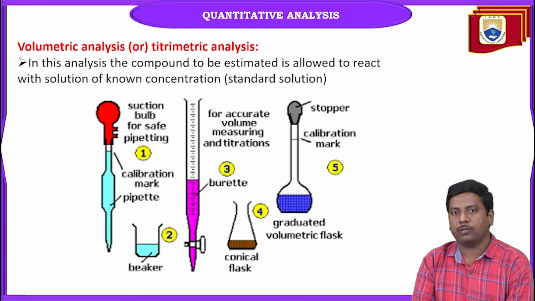The fourth one is the conical flask, which is applicable for titration, especially stirring. And the fifth one is the graduated flask or volumetric flask, which is applicable to prepare chemical solutions, especially molarities or normalities in the standard solution. That may be either primary standard or secondary standard solutions, depending on the nature of the substance.